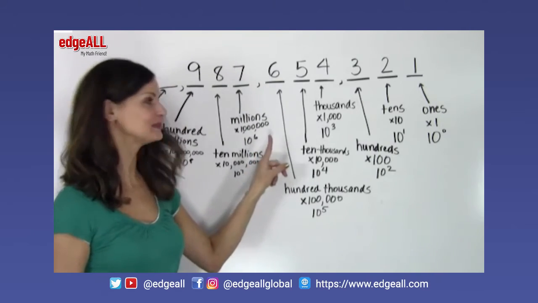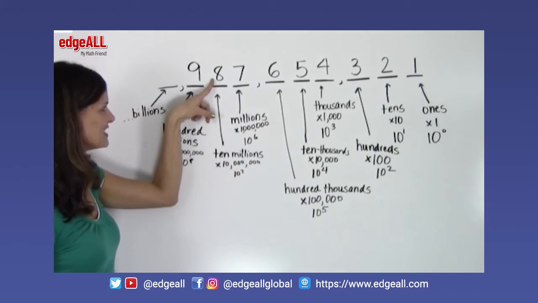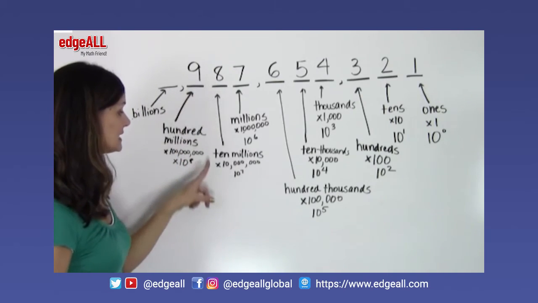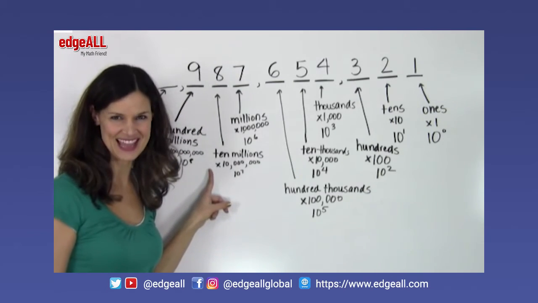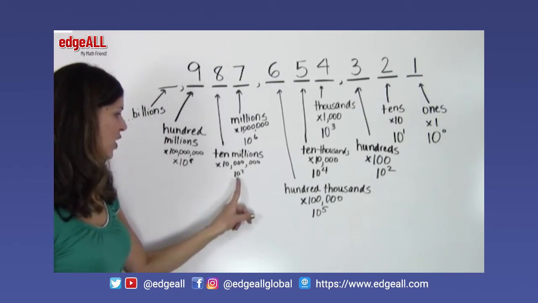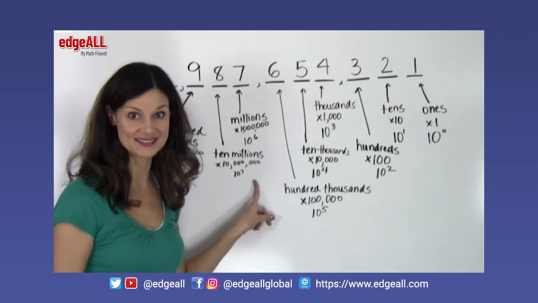The 8 here is in our 8th position from the right, and it is in our 10 millions place. So it has a value times 10 million, or 10 to the power 7.